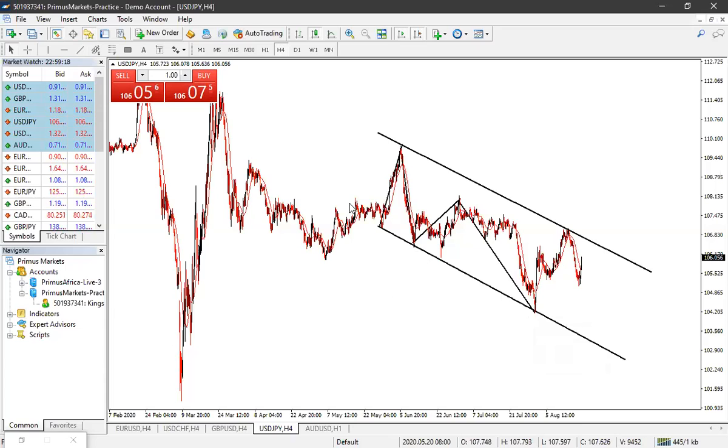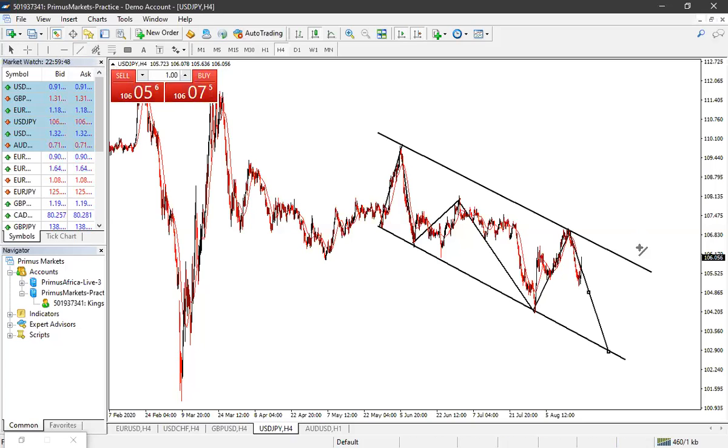So it has created a higher low now. And what am I expecting from this trade? That this trade is going to create a lower low to this level, for example. But this is where the market is right now. This is what I'm expecting that the market is going to do. This is just for educational purposes.